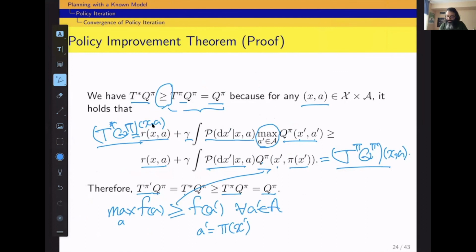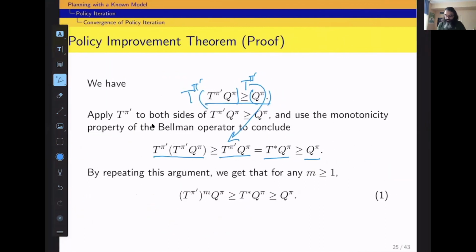So here I showed that T pi prime applied twice on Q pi is greater or equal than Q pi.